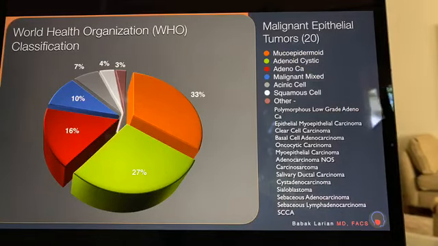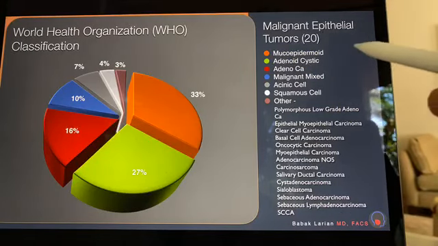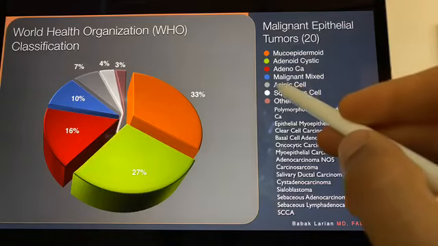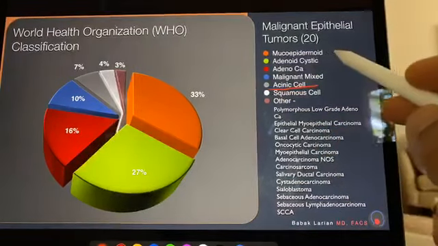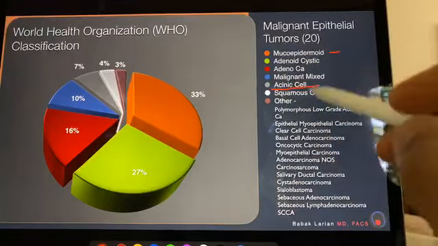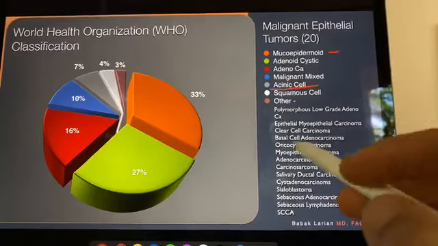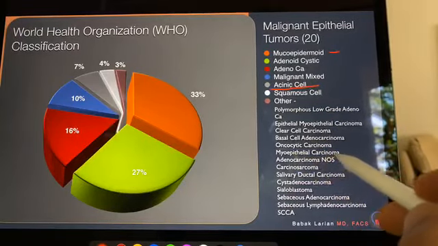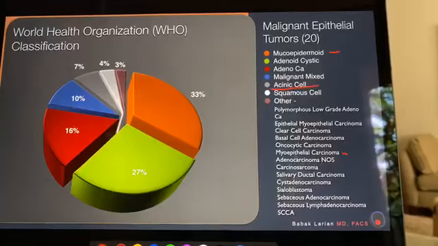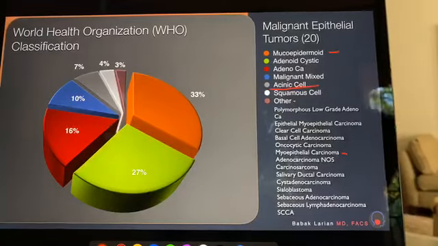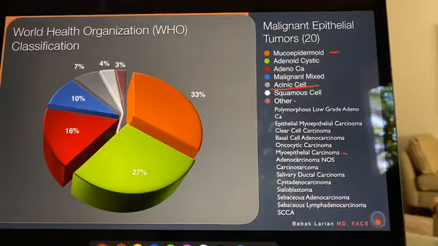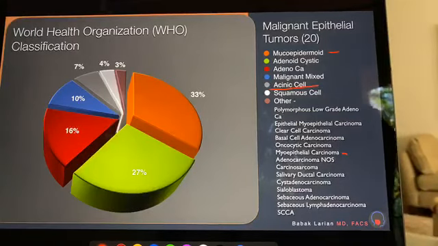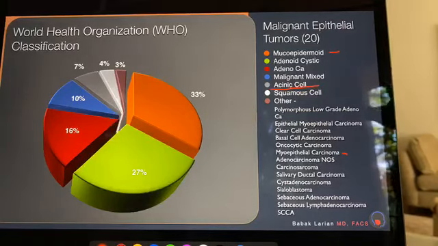These are very aggressive cancers and grow rapidly, while acinic cell carcinoma, low-grade mucoepidermoid, and myoepithelial carcinoma are slow-growing cancers and tend to be somewhat low-grade.